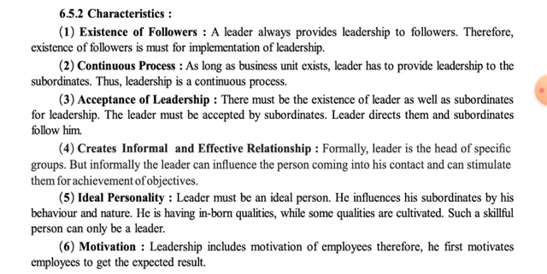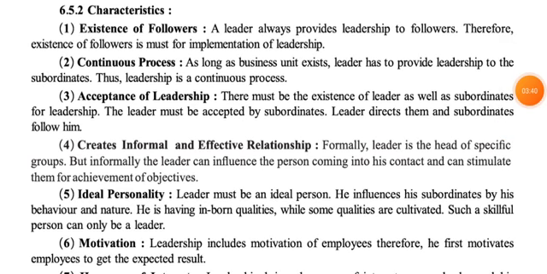Then the third one is the acceptance of leadership. There must be the existence of leader as well as subordinates for leadership. The leader must be accepted by subordinates. Leader directs them and subordinates follow him.